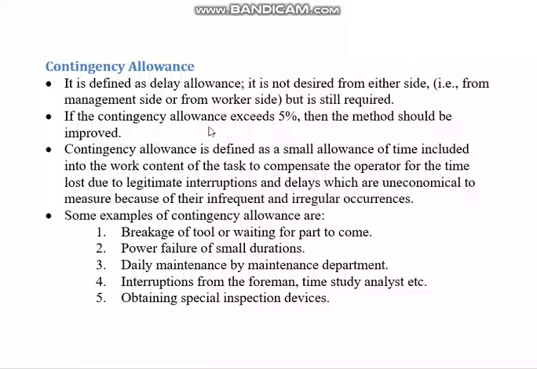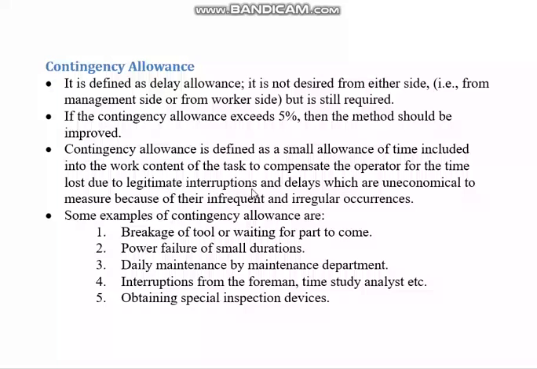Okay, the contingency allowance is defined as a small allowance of time included in the work content of the task to compensate the worker for the time lost due to legitimate interruptions. Legitimate means these are all legal interruptions. It is not that the worker, by his laziness or unwillingness to work, is wasting time.